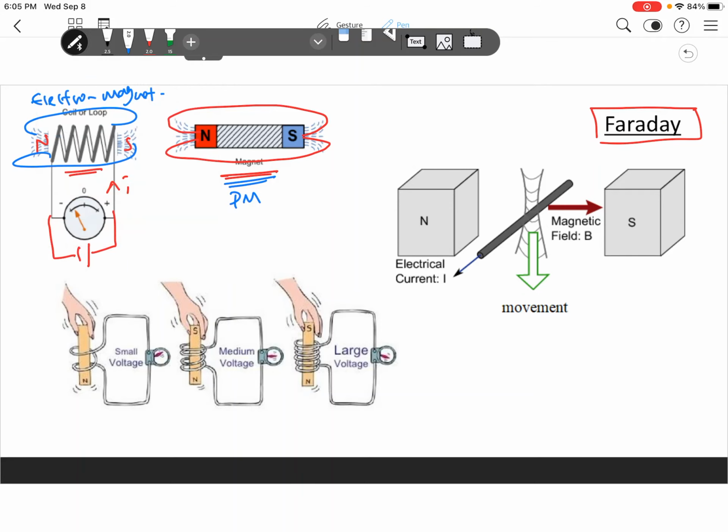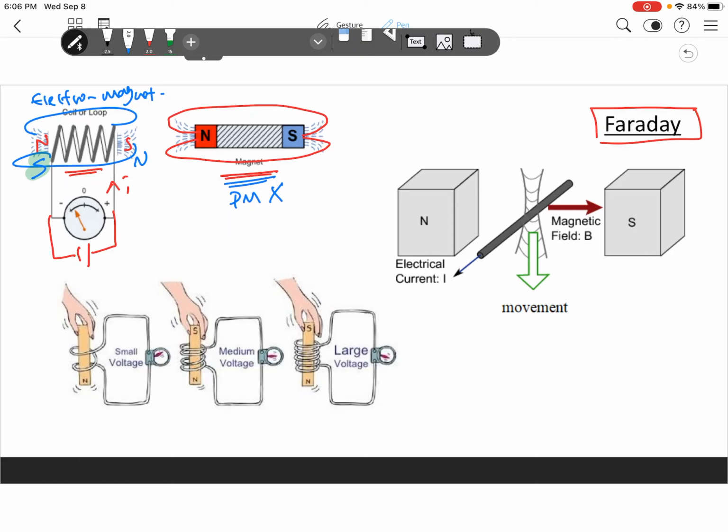If this is north, but you want it to be south, you can do it. So this can be south and this can be north if you want. You cannot do this with the permanent magnet. So this flexibility has just unleashed a very big potential about the applications that can be played with using this principle. Faraday continued working on this and just figured out those two magnificent principles.